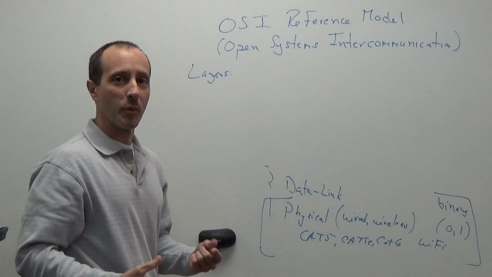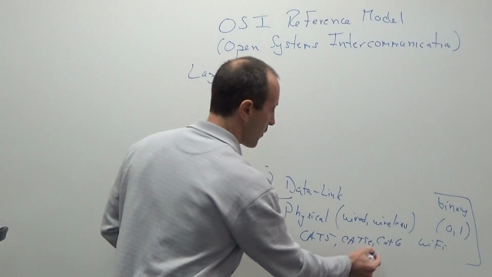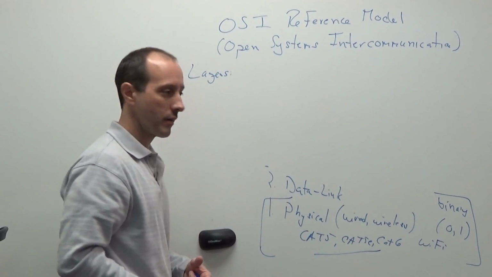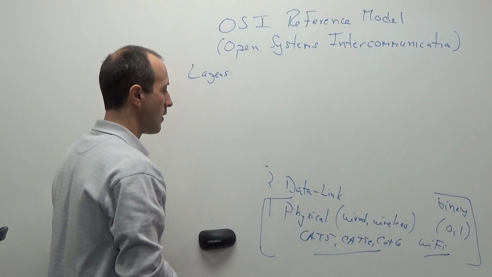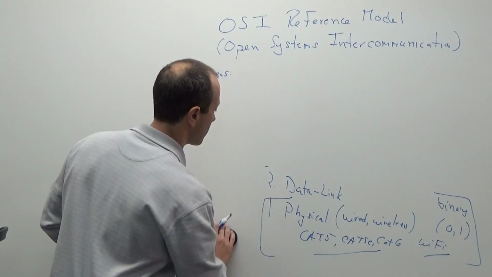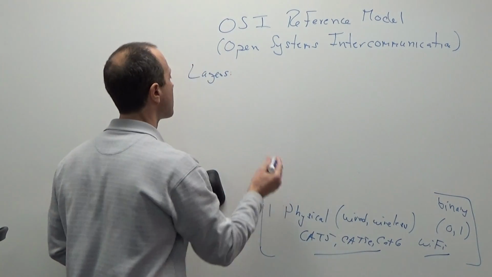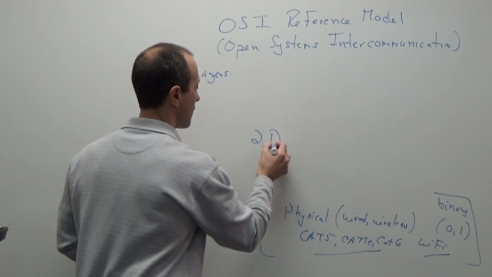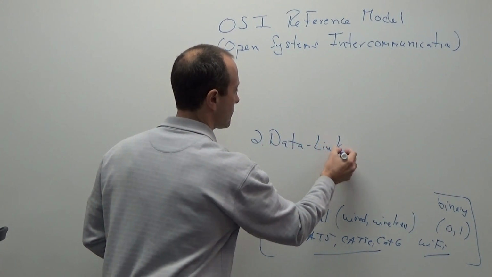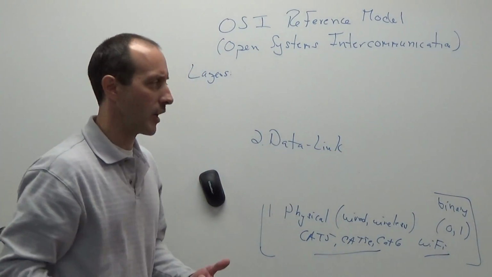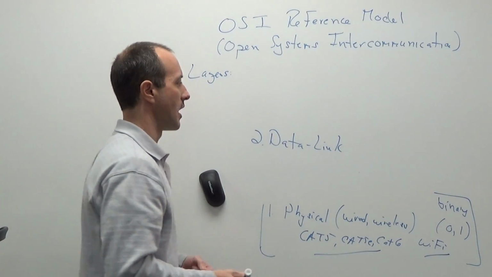So physical, even though we say it's physical, it's both your wired and your wireless technologies. Okay, so let's move up to data link. Let me move that up here. Data link is layer 2. When we talk about data link layer, we're actually talking about two different sublayers.